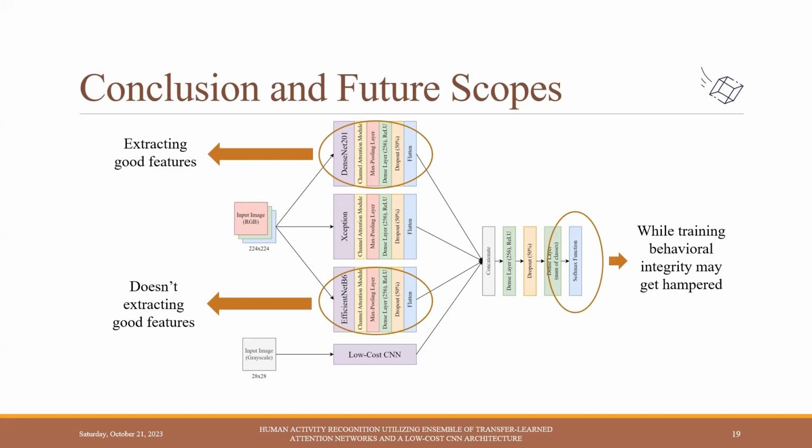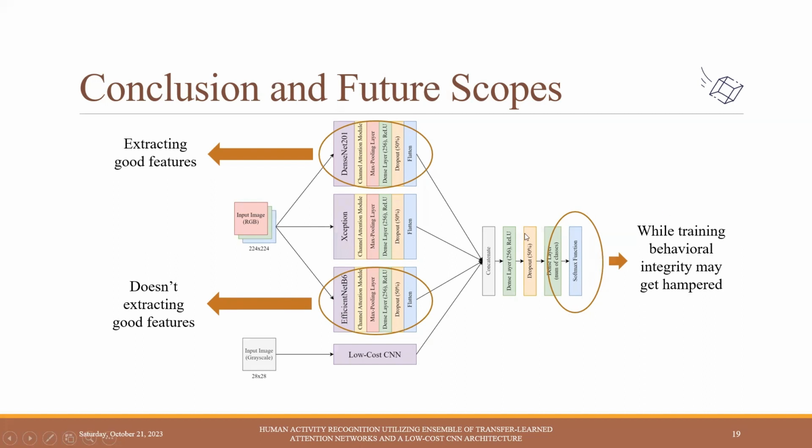Now, what more is there to do? Here is an idea. We are utilizing an ensembling technique here. So basically, when you are updating the weights of the architecture, as I have shown here, this thing can happen. Suppose your DenseNet architecture is doing very well and extracting very good features. However, EfficientNet V6 is not extracting good features.